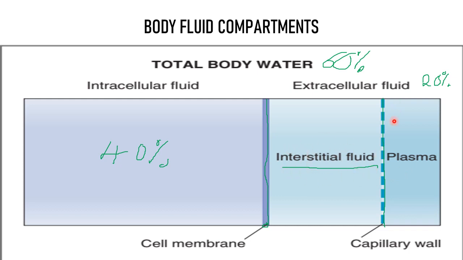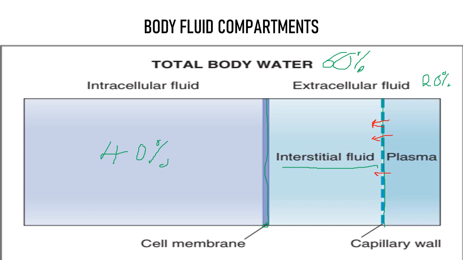So this capillary wall here, when colloid pressure is high, in the capillaries, that allows movement of fluids from plasma to the tissues. So when that colloid pressure is high, fluid will start moving, substances in short, they'll start moving from plasma to what? Into the interstitial fluid, in that direction.